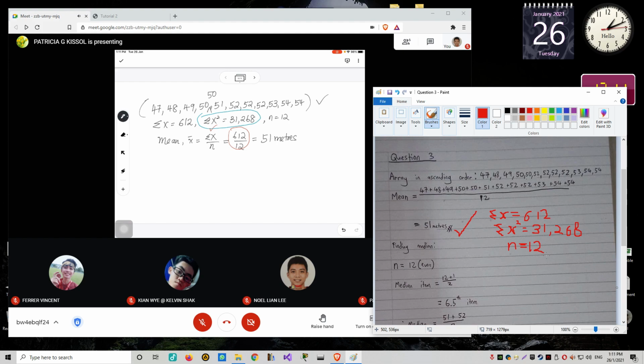Just for the benefit of Noel and Farrell to recall, each of the values 47, 48, 49, up to 54, you have to square them and then add them to give you 31,268. Again, the calculation of it, you do not need to show how, the whole length writing of it. You just write it like a declaration. You have calculated it using a calculator. It's okay.